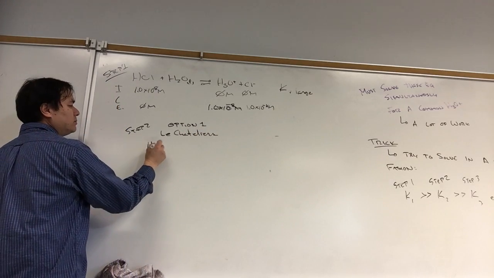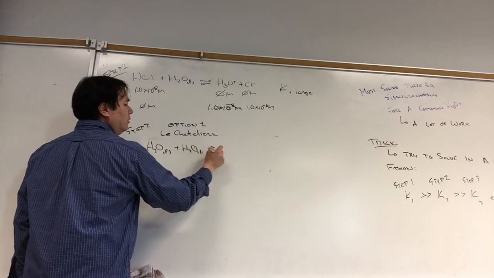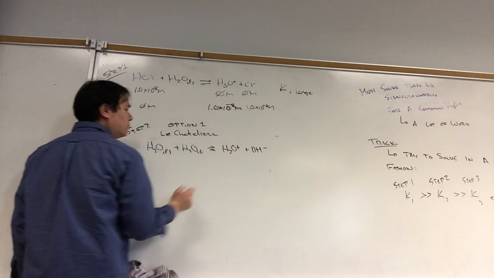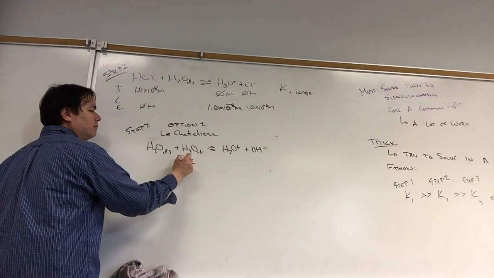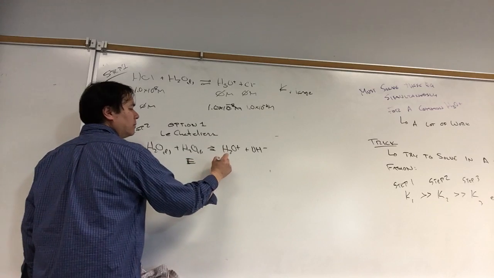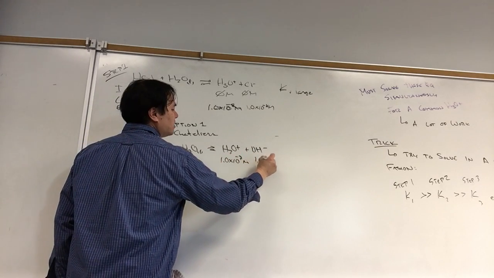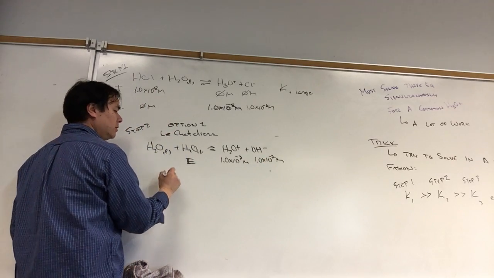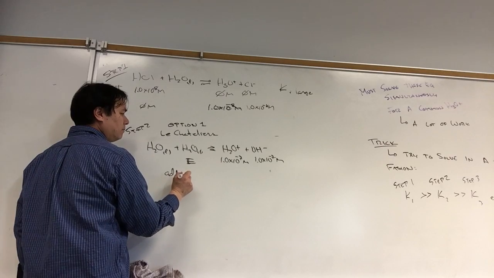And so what we do is we do this, H2O liquid plus H2O liquid. This forms hydronium and hydroxide. And so what Le Chatelier's principle says is that a system at equilibrium, so we're going to make this at equilibrium, 1.0 times 10 to the minus 7 molar, 1.0 times 10 to the minus 7 molar. And so we have a system at equilibrium that is perturbed. And so what we're doing is we're adding additional HCl.